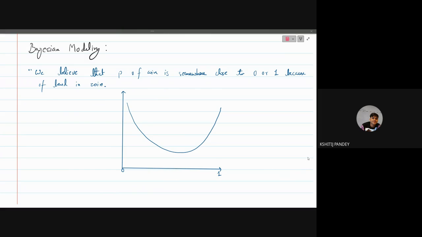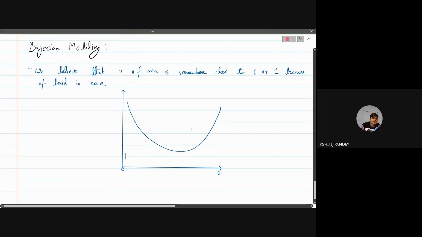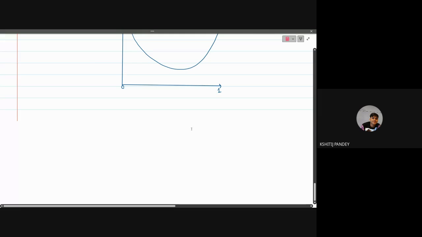Yes, so is the idea of Bayesian estimation clear? How do we approach problems here?